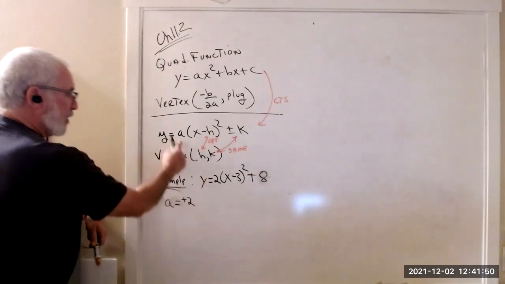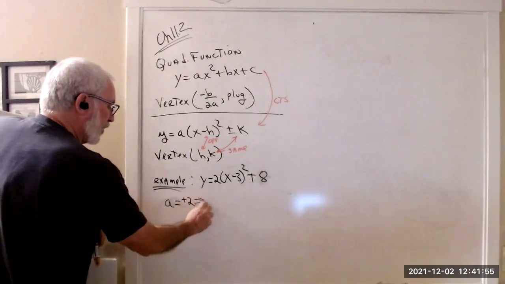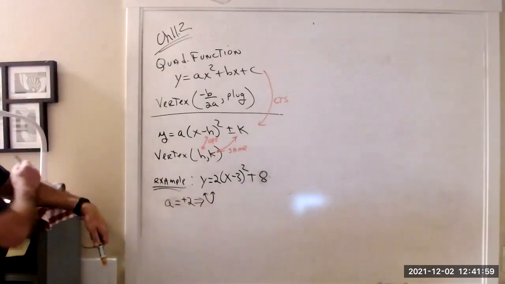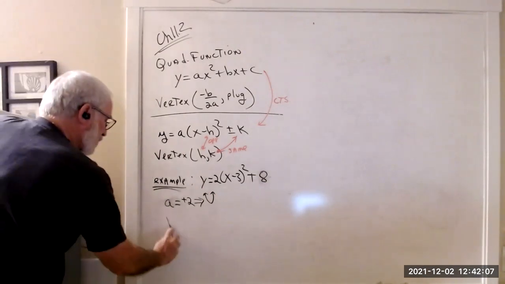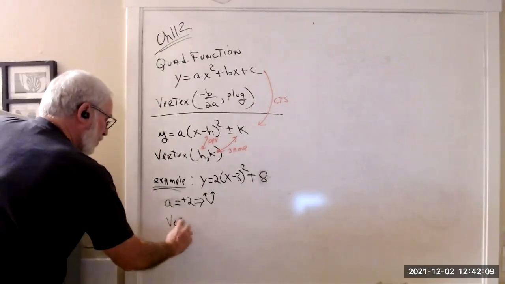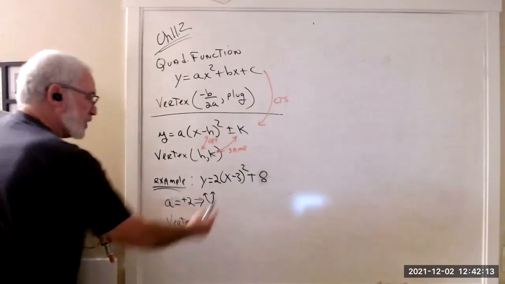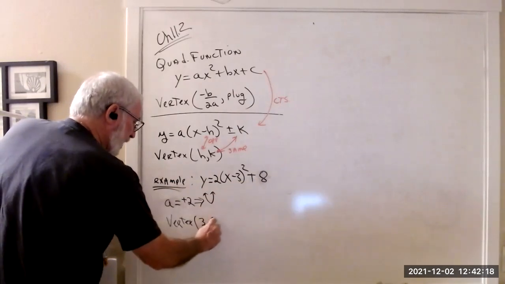It's the same a value as before, so that says it's going up. a is a positive number, it's going up. My vertex, I don't have to use negative b over 2a. I just have to remember the formula. It's 3, 8.